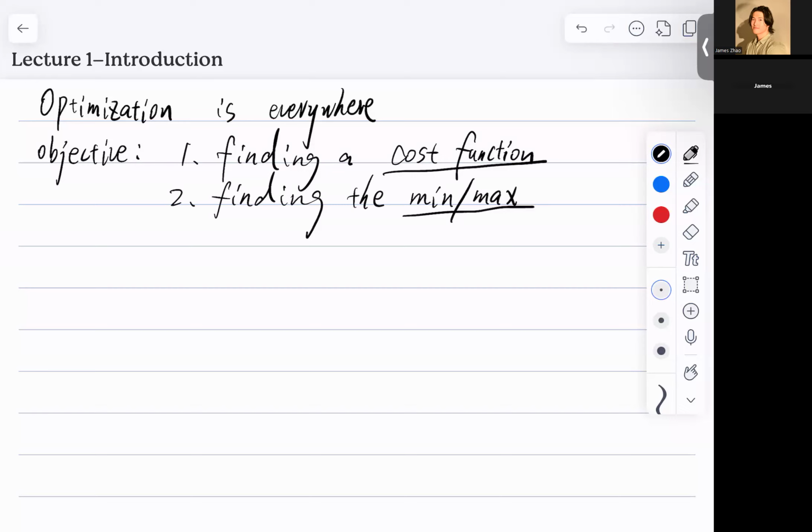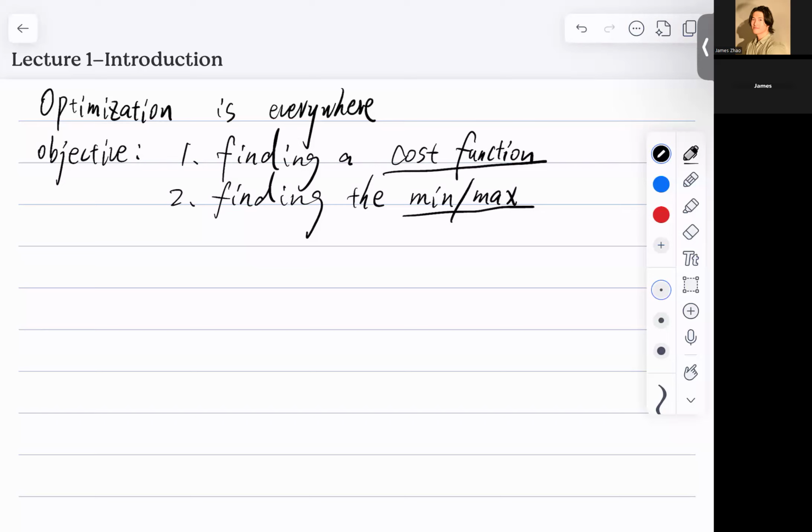So it is pretty straightforward in an intuition sense that for this going to work slash going to school problem, we have our cost function, which is the time spent or money spent or other things that you can think of. And finding the min slash max would be trying to minimize the time spent or minimize the money you spend.